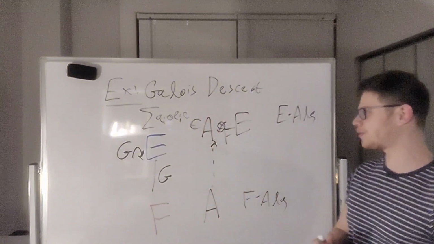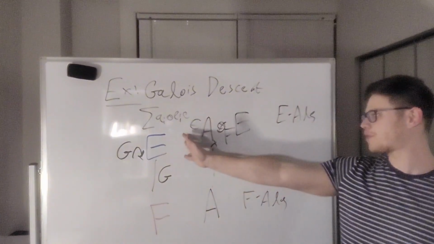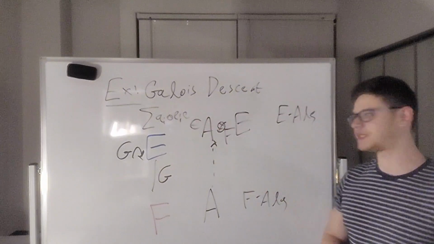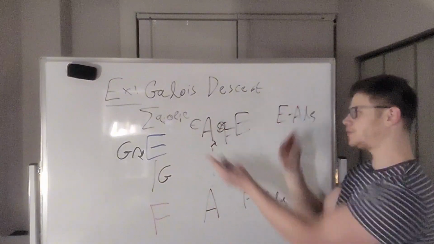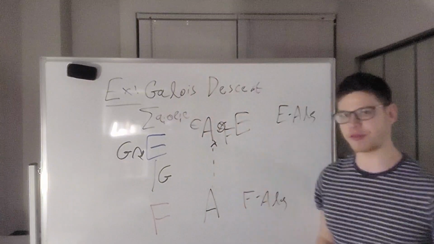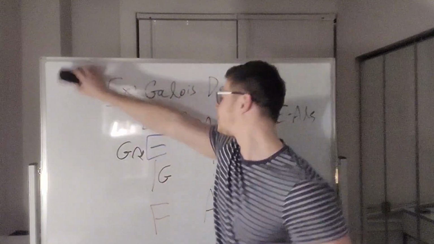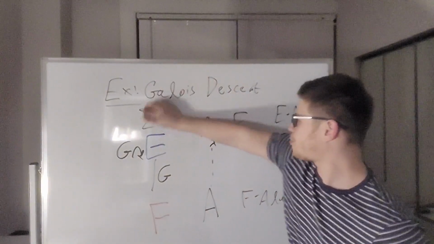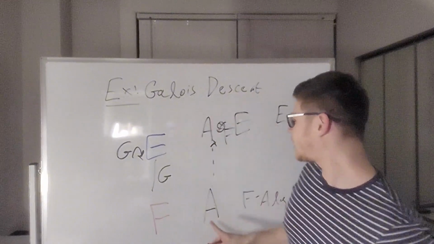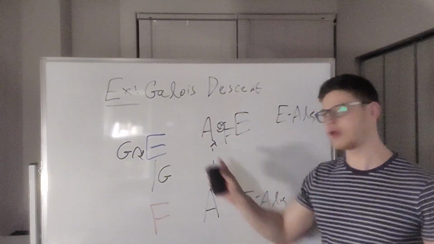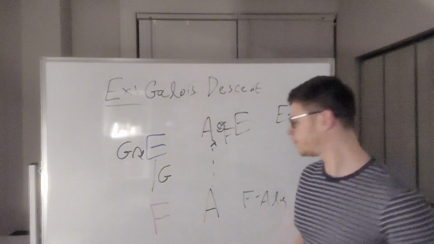There are some more technical things about why this is the construction that we want and why we can't define it in a simpler way. I'm not going to get into that. But needless to say, we can go up. So the question is, when can we go down?